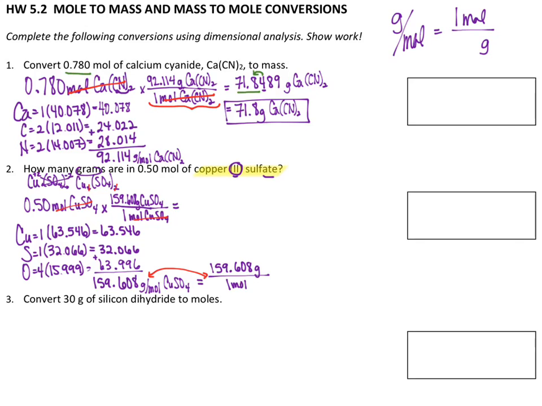So 159.608 times 0.50 gives me 79.804 grams of copper sulfate. Again, I'm going to look at my significant figures.